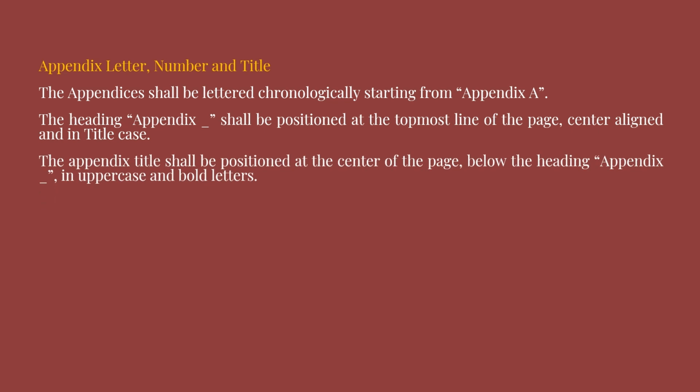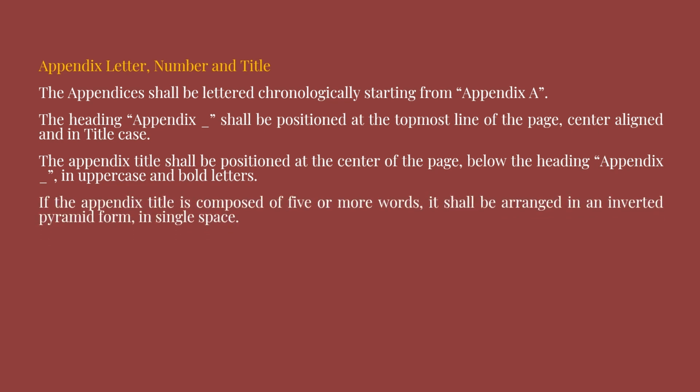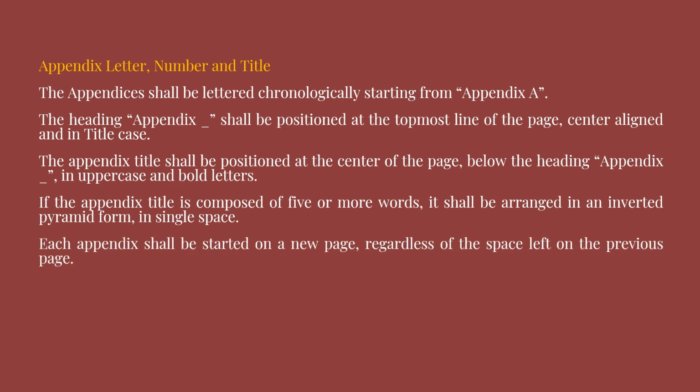The appendix title shall be positioned at the center of the page below the heading in uppercase and bold letters. If the appendix title is composed of 5 or more words, it shall be arranged in an inverted pyramid form in a single space. Each appendix shall be started on a new page, regardless of the space left on the previous page.